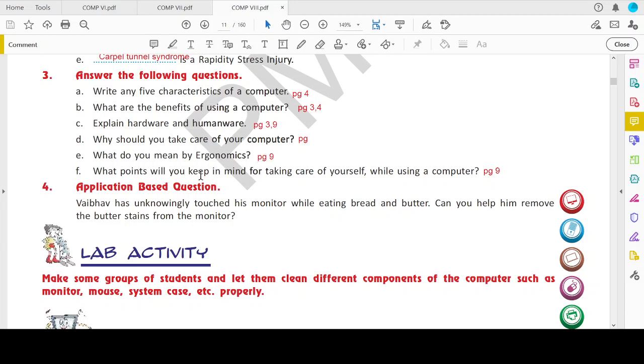What are the points? You should not sit in one place for a long time. You should get up and walk and stretch your hands and legs at least once in an hour. You should not sit at a place for more than 1 hour.